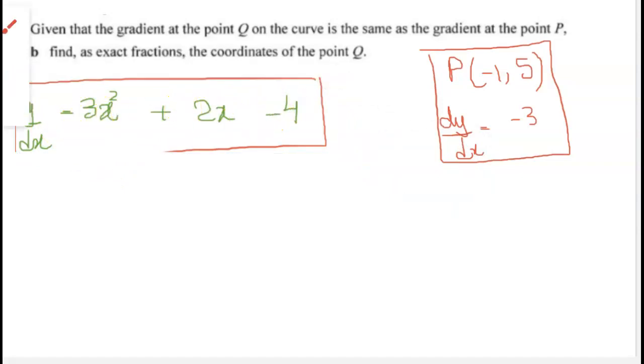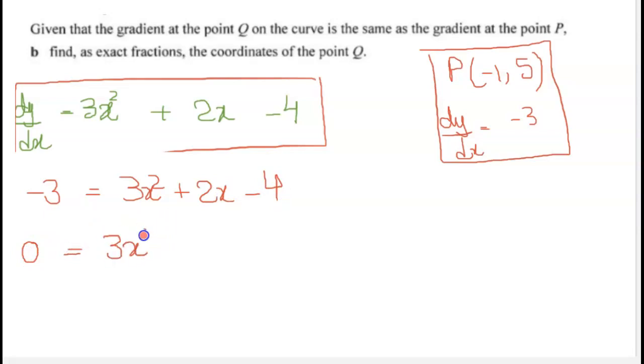And the question said that it has the same gradient as the gradient at P. So I need to find the x. So instead of dy over dx, I'm just going to put minus 3 because that is the gradient at Q. And then I got 3x squared plus 2x minus 4.